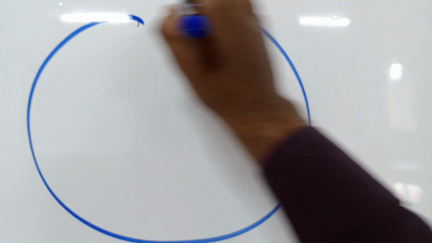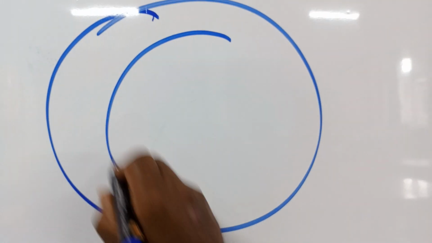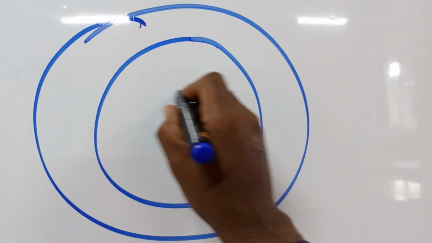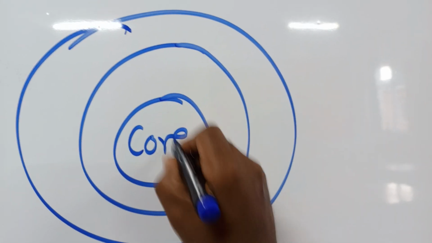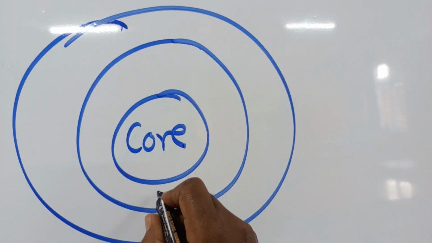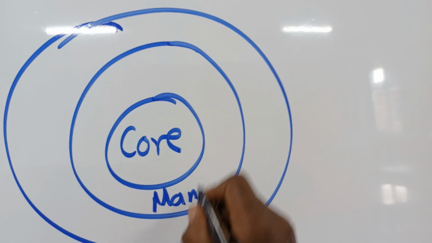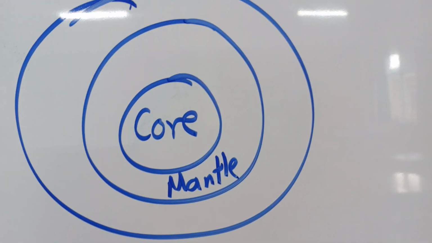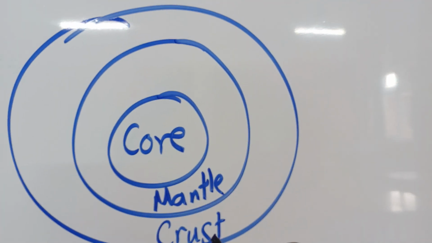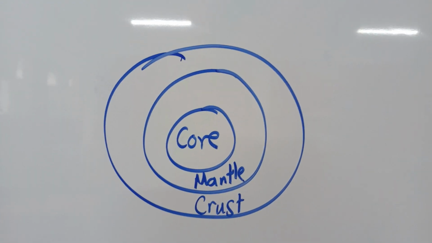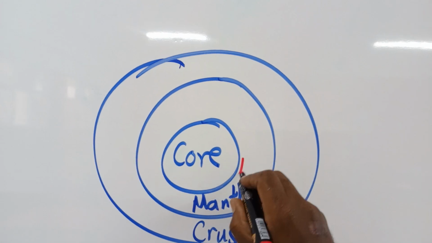to understand convectional currents, you should be able to understand the internal structure of the Earth with three main layers. The inner is core, the middle is mantle, and the outer is crust. In the mantle, that's where we locate magma.